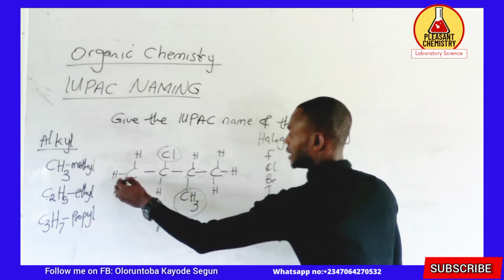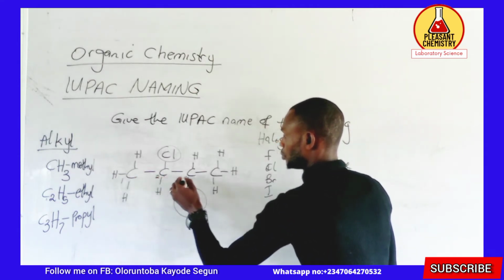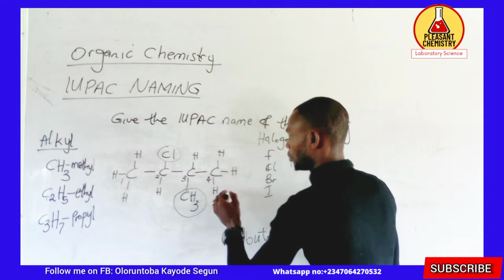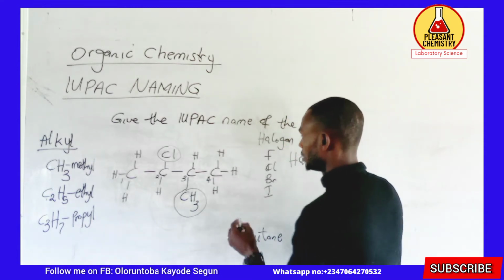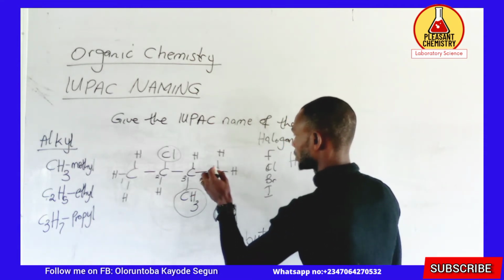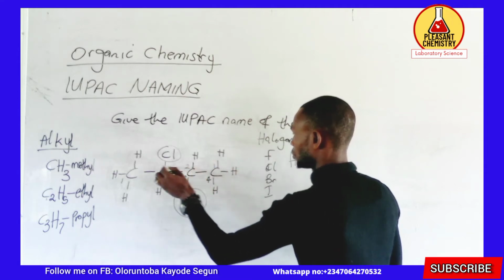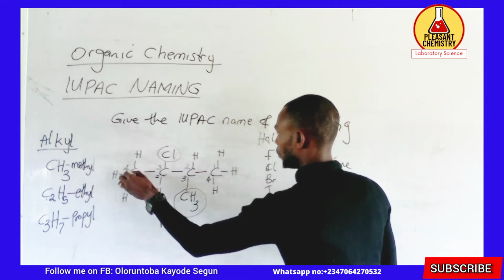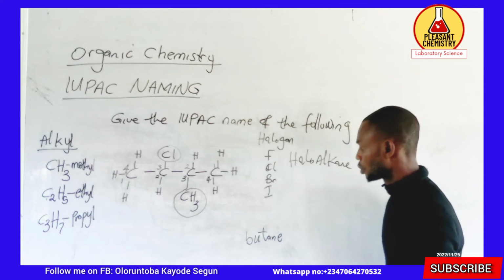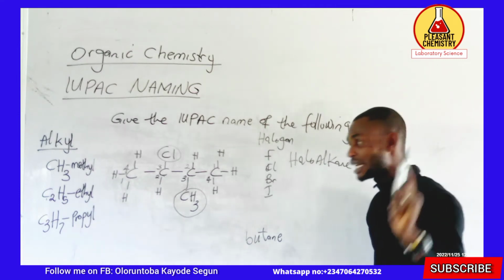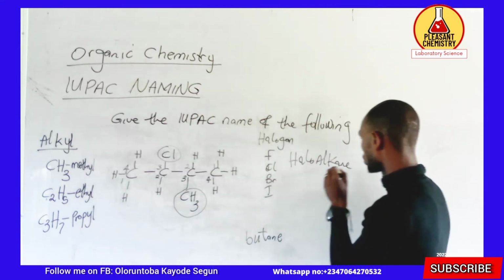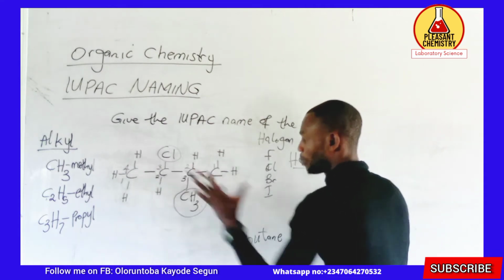And so if you count like this: 1, 2, 3, 4. And then you can also count like this: 1, 2, 3, 4. Okay, so we are going to give respect to the chloro group because it is the owner of this compound.